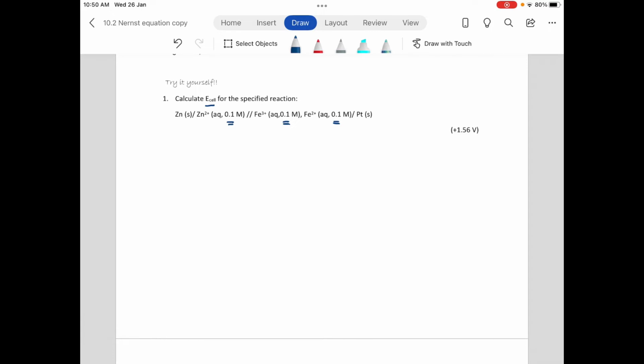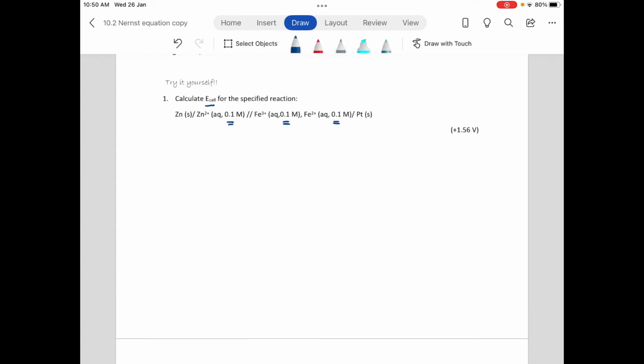Okay, so when we want to calculate E cell, we can assume the temperature is at 25 degrees C if the question does not mention about the temperature. Okay, macam sekarang ni temperature dia tak sebutkan, so we can safely assume that the temperature is at standard condition.